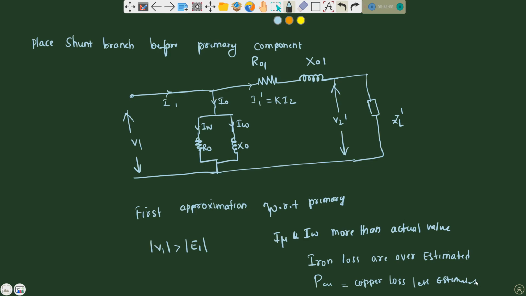All these deviations produce little error, since I naught is 5% of full load current.